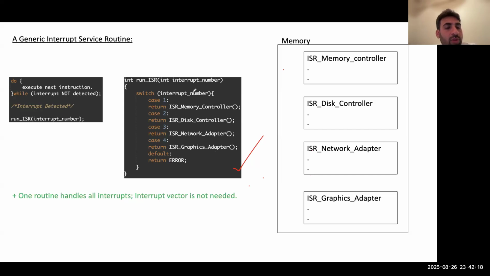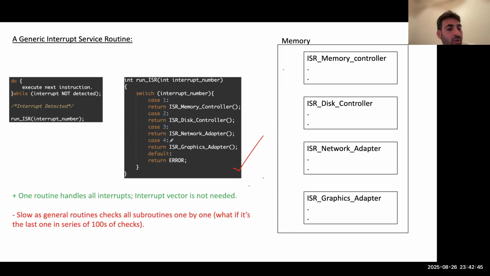Sometimes your interrupt number is, let's say, one, so you just check case one and you are done. You don't go to two, three, and four. But what if you have interrupt number four? Then you need to check cases one, two, three, and then you have a hit at case four. You need to go through all those if-else branches, since a switch is the equivalent of an if-else.